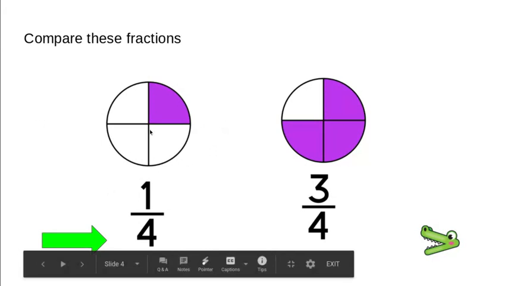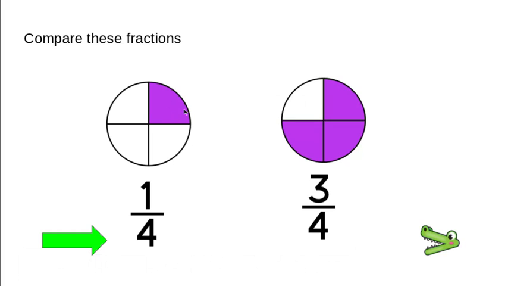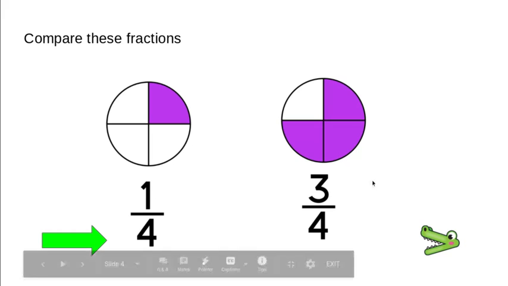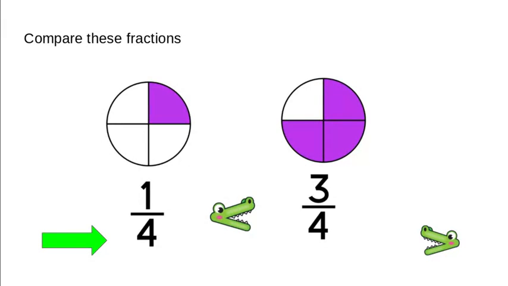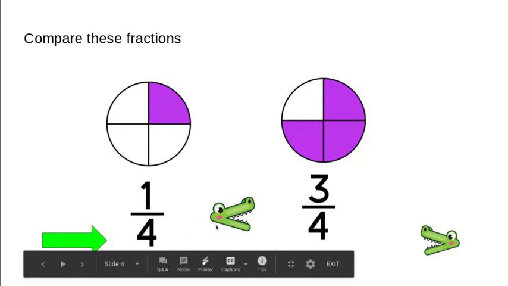So again, if we look at the picture, right, 1/4, and these pieces are the same size, right? So 1/4 or 3/4. Well, 3 is bigger than 1, right? So 3/4 is larger, bigger than 1/4. And that's what it would look like. And we could read it as the sentence, 1/4 is less than 3/4.